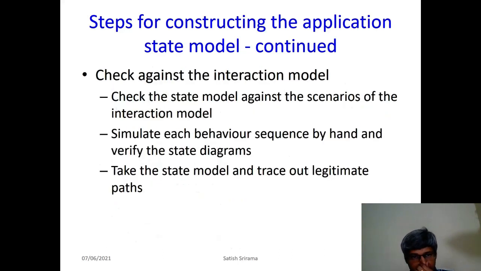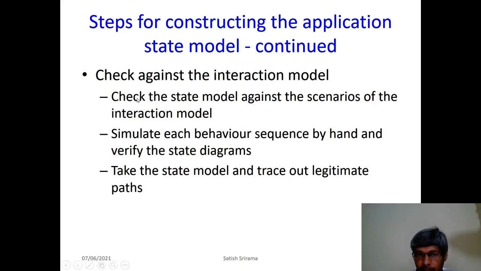Of course, once you have this sort of application state model, we have to check against the interaction model. Check the state model against the scenarios of the interaction model. We have to simulate each and every behavior sequence by hand and verify the state diagrams, whether it is actually moving to the exact state the way you are expecting, or if there are any deadlocks and you are stopping anywhere, if there are any loops, or if there are any states or events which are missing.